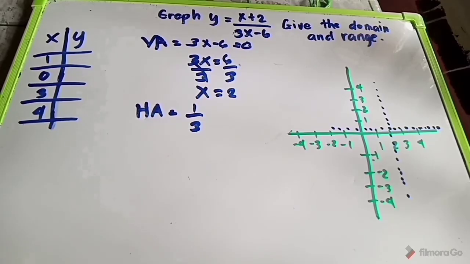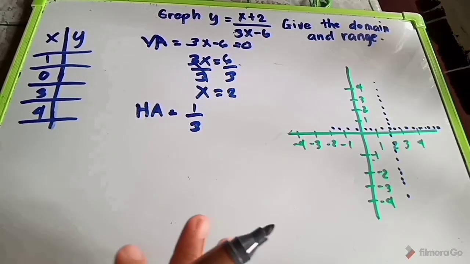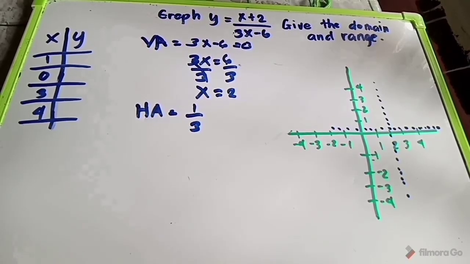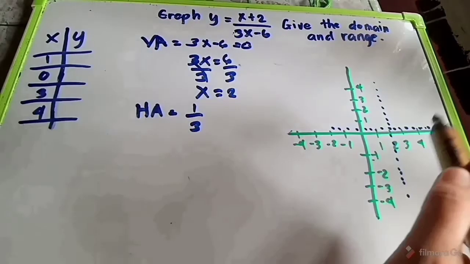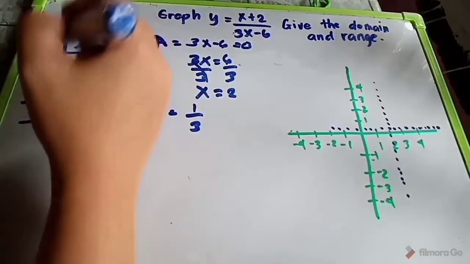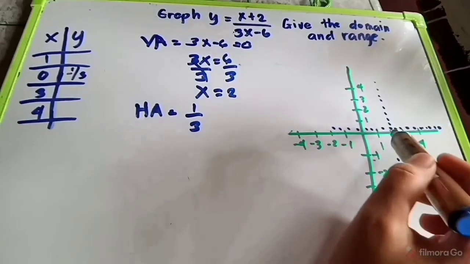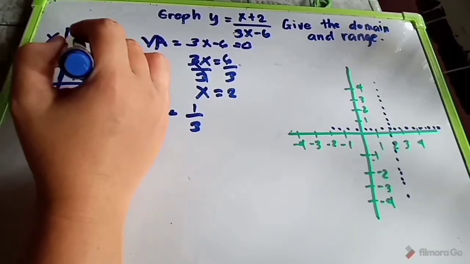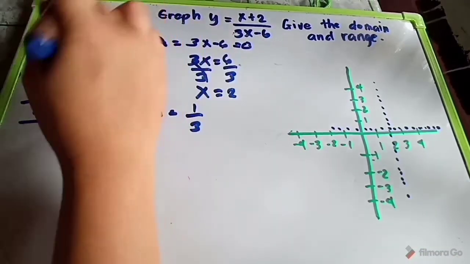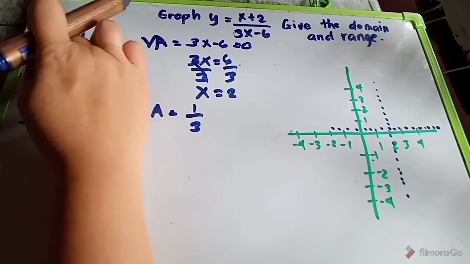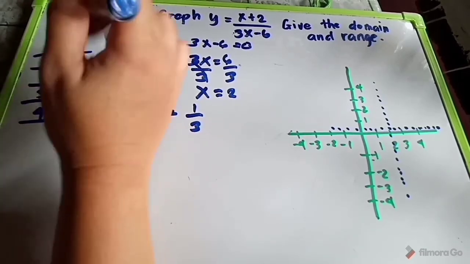So it means to say we will graph this in order not to touch the vertical and horizontal asymptote. So we will replace x with 0, giving negative 1/3. So negative 1/3 here, around here. And then 1 will be negative 1.